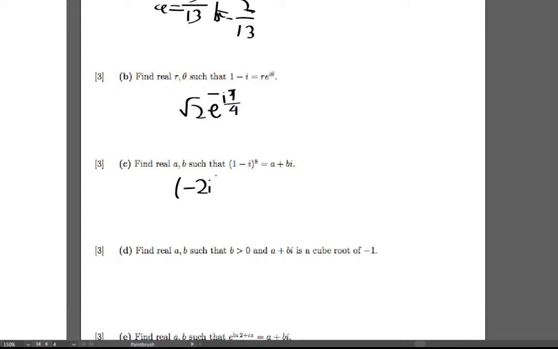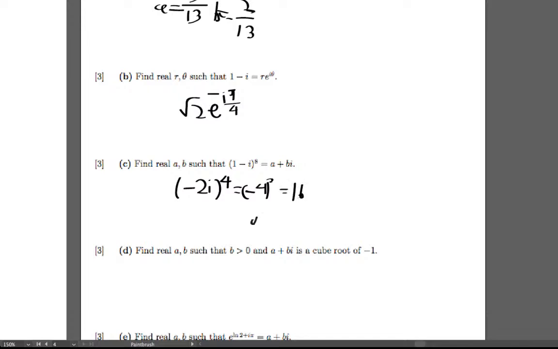There you go. And then after that, you compute this again, which ends up with negative 2i to the fourth. Because obviously i squared is negative 1, when you take the square of that, it will be 4 times negative 1, so this would result in 16.